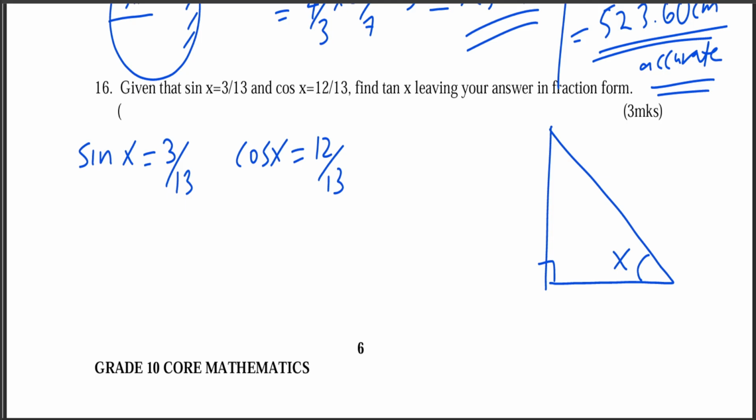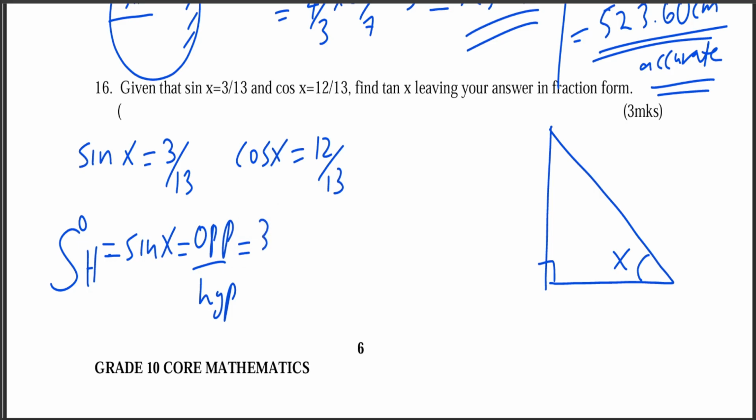So this is x, sin we have said is sin x equal to opposite over hypotenuse, in which your opposite is 3 over hypotenuse is 13. Cos is adjacent over hypotenuse.